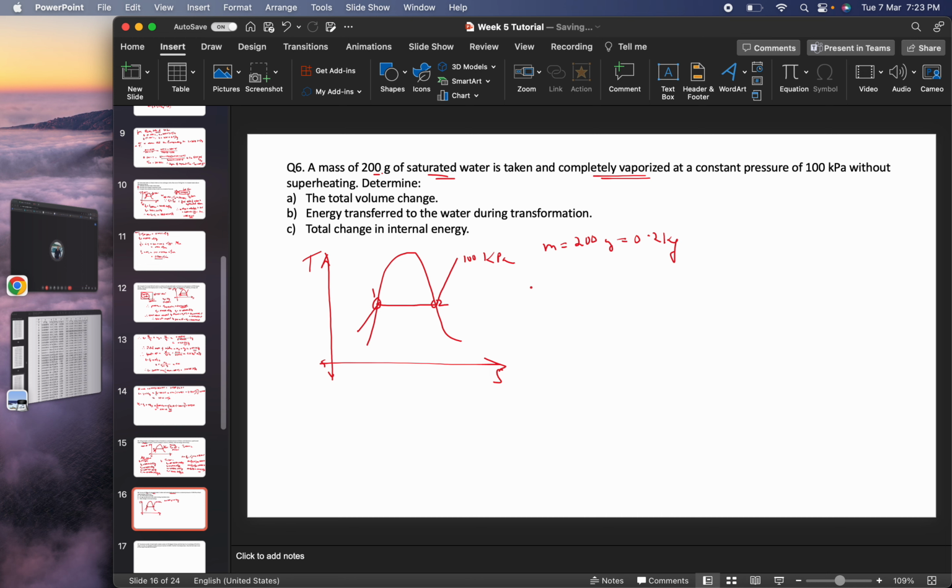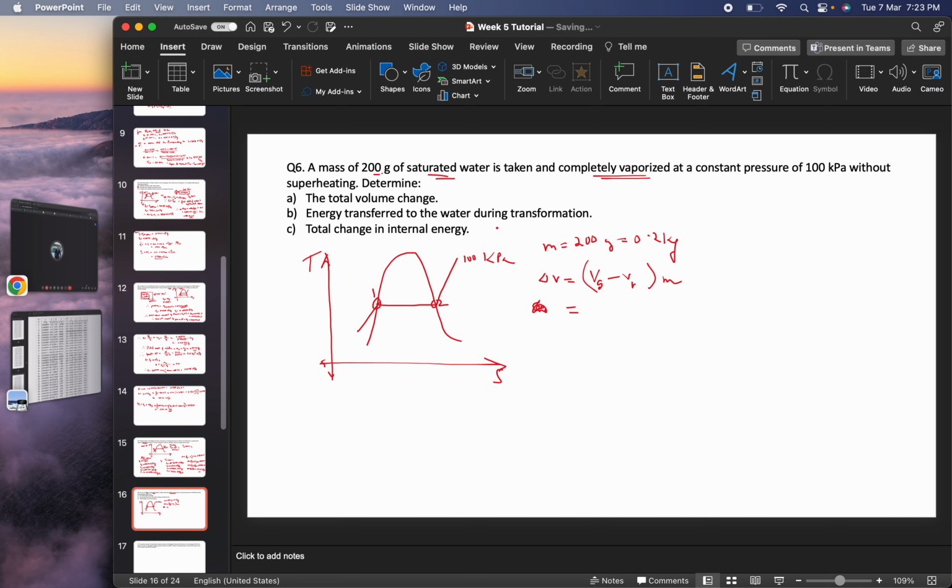Okay, so you have to determine the volume change. Volume change, delta V is basically Vg minus Vf times M. Okay, and all this is at 100 kilopascal. Similarly your energy transferred. Okay, let us calculate this one first.